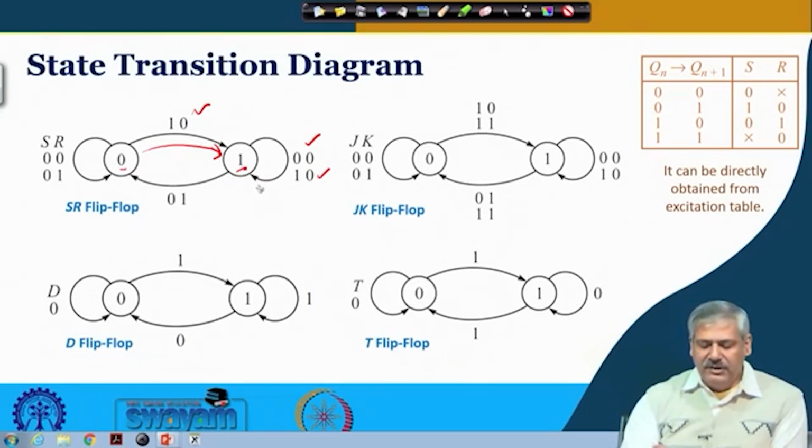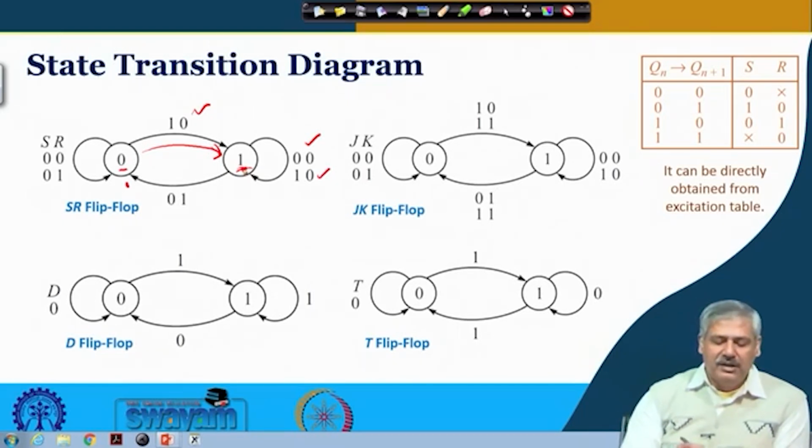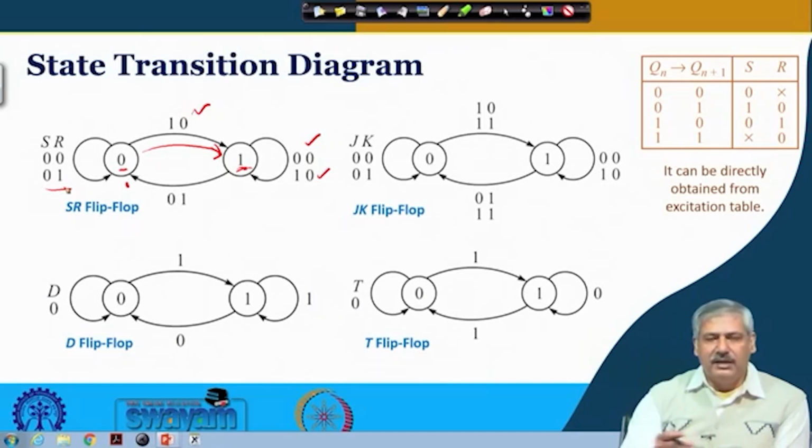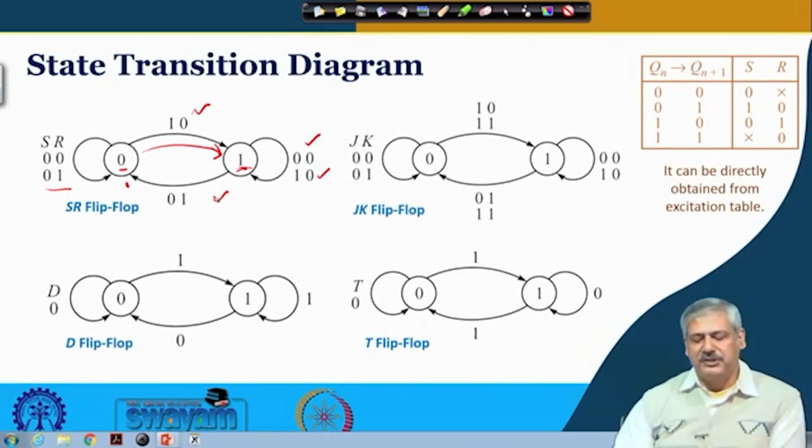And if it receives 0 1, then it goes to state 0. Is it okay? So for each of the stable states of the SR flip flop, this bistable circuit, we can figure out for the allowable inputs what would be the next state, and we can depict it pictorially through a state transition diagram as you have seen here.